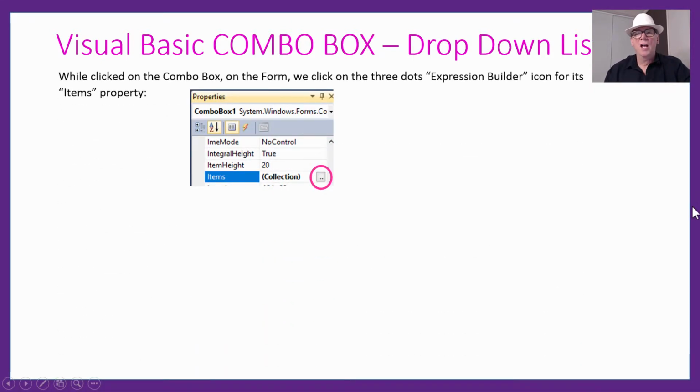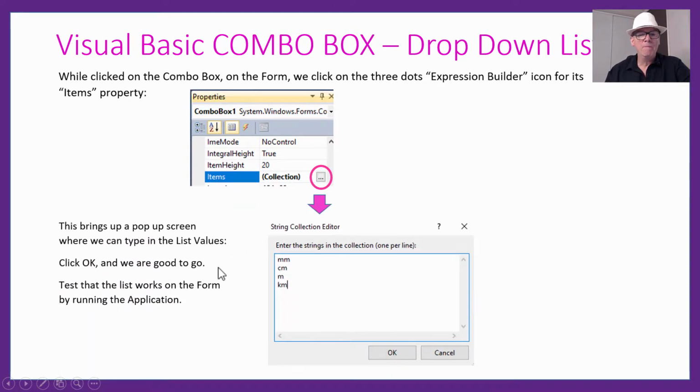On your combo box, in the properties, there's one called Items, and next to that you've got the ellipsis, or the three triple dots as we call them, and that takes you into the expression builder. If you click on that, it'll open up this expression builder.